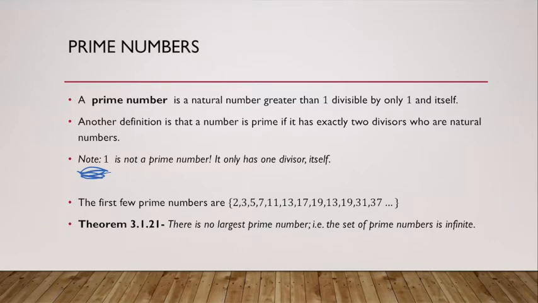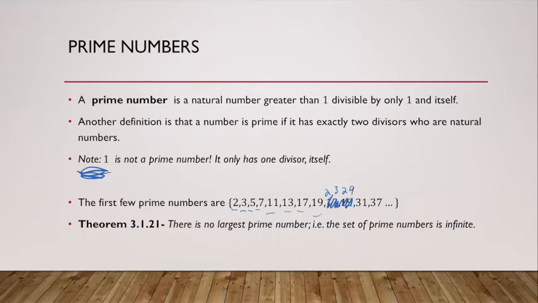But 1 is not a prime number because it only has 1 divisor, 1, which is itself. So the first few prime numbers are 2, 3, 5, 7, 11, 13, 17, 19, 23, 29, 31, and 37.